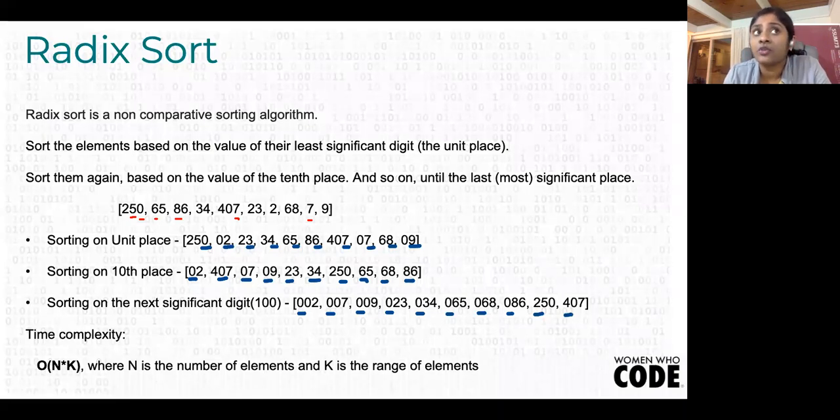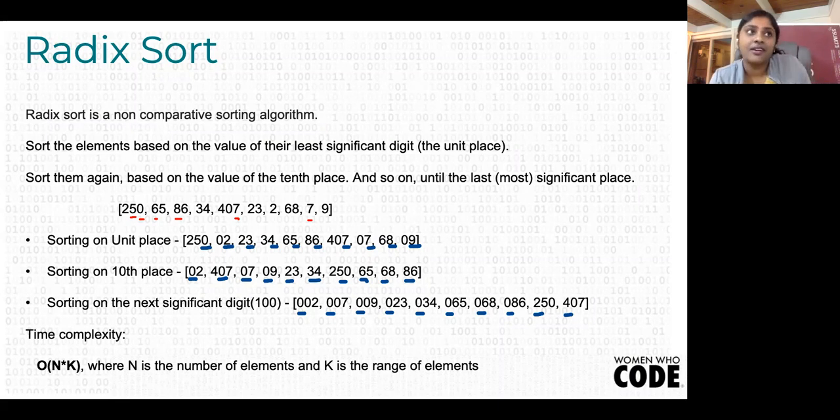The reason 407 comes before 07 is because Radix sort is a stable sort, and it maintains the order that was in the original list. And now 9, 2, 3, 5, 6, 6, 8.